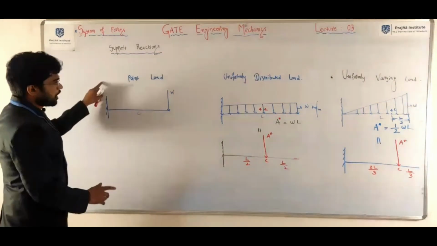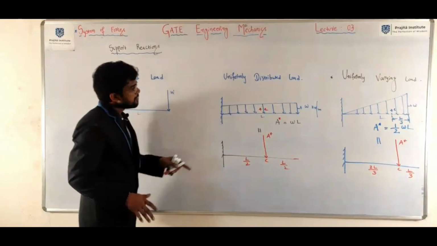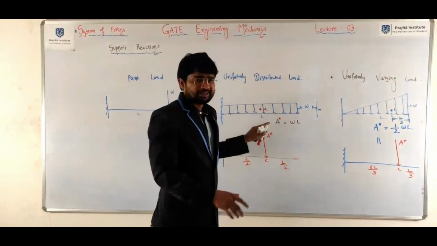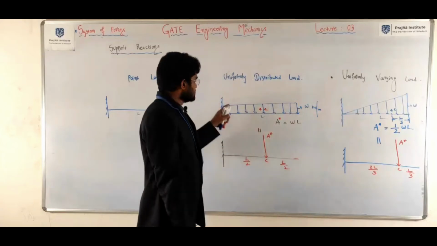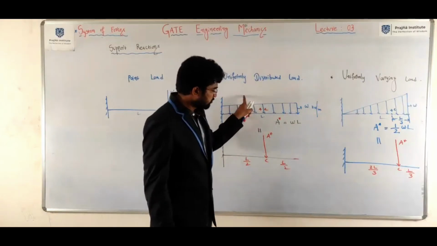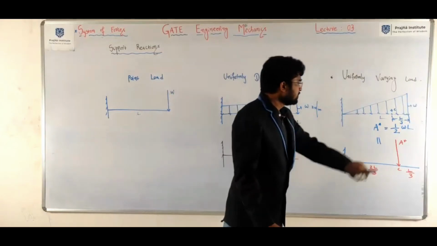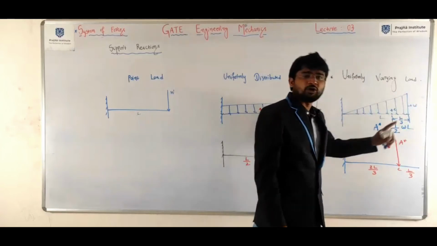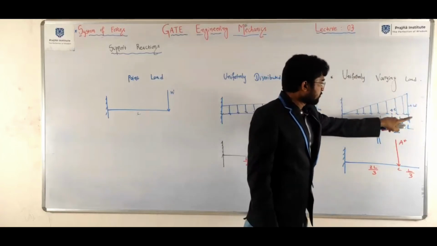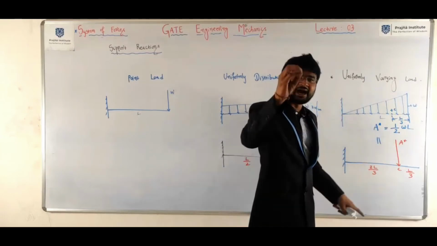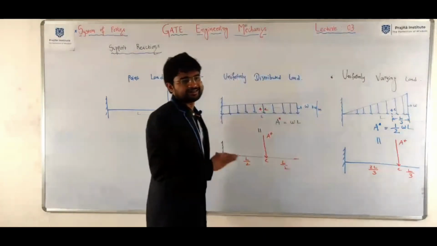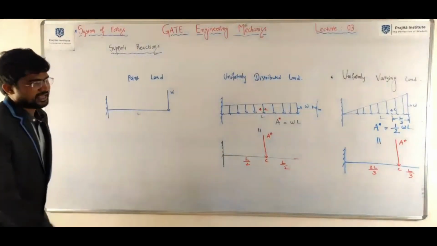Basic. Point load is already a point load. Uniformly distributed load is load distributed uniformly. In this case, how do we convert from here to here? Next, uniformly varying load. In this case, whatever it is, first calculate the area and place it at the centroid. That's it.